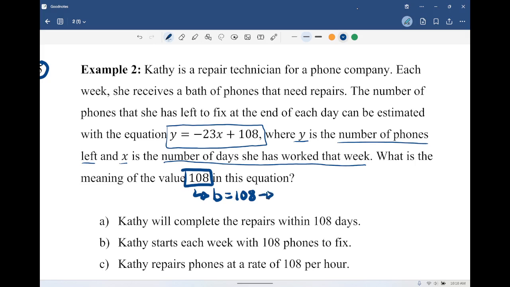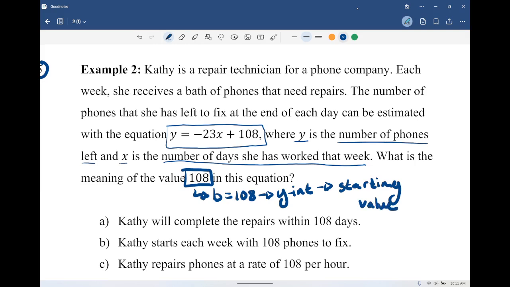Okay. Well, based on the words that we had written earlier, b values are what type of values? What are the keywords? Gio. It's our y-intercept. And our starting value. Okay.